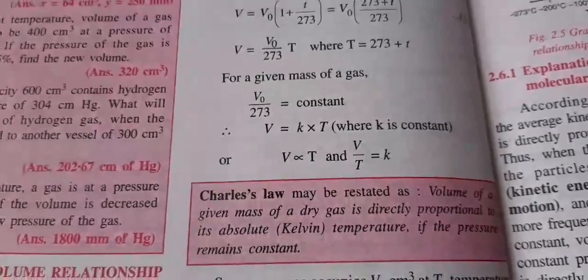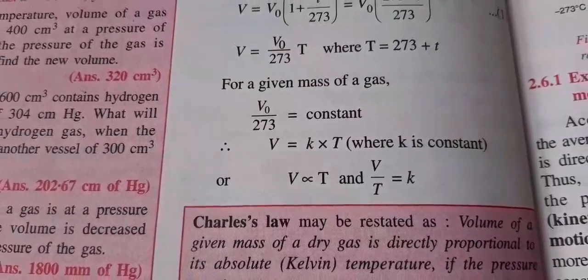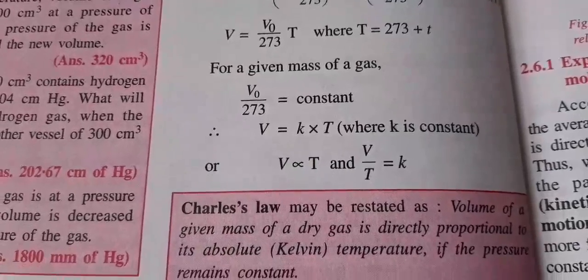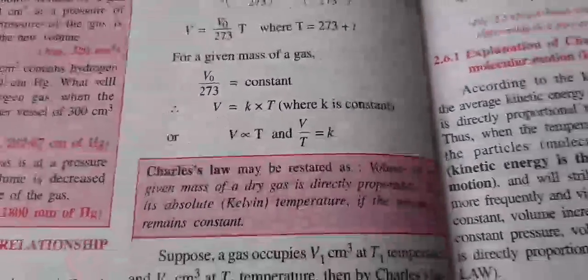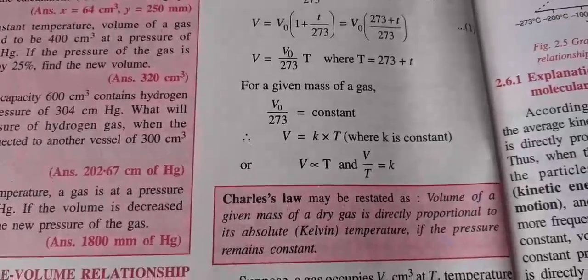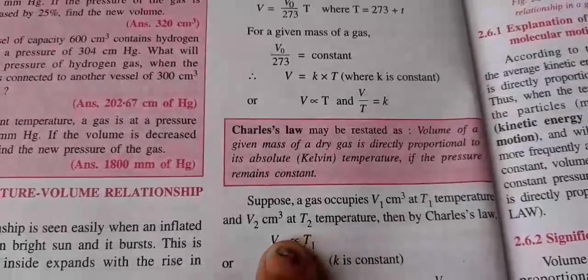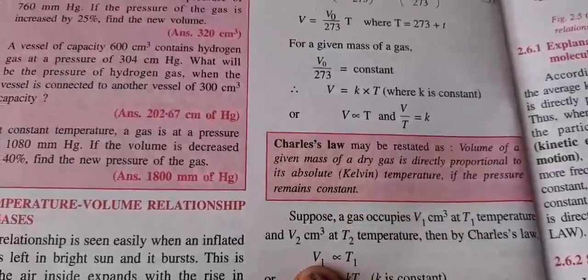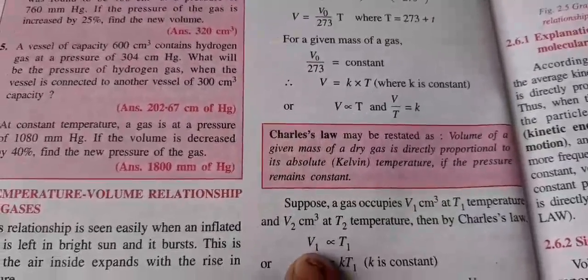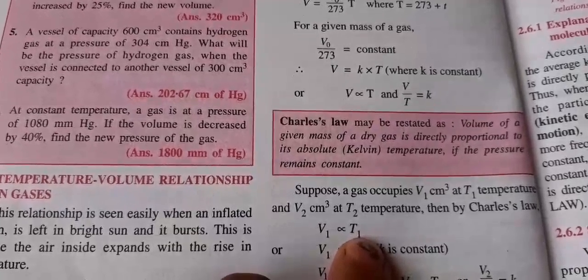So this is Charles' law. Now its generalization: the volume of a given mass of a dry gas is directly proportional to its absolute Kelvin temperature if pressure is kept constant. Now, as we have done a relationship in Boyle's law also, let V1 be the volume, and at that time T1 will be the temperature.